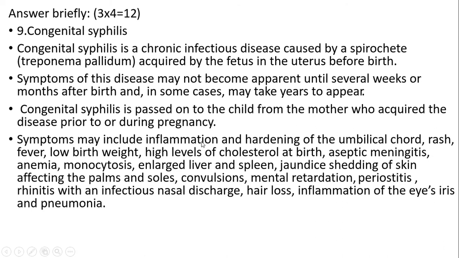Symptoms may include inflammation and hardening of the umbilical cord, rash, fever, low birth weight, high levels of cholesterol at birth, aseptic meningitis, anemia, monocytosis, enlarged liver and spleen, jaundice, shedding of the skin affecting palms and soles, convulsions, mental retardation, periostitis, rhinitis with infectious nasal discharge, hair loss, inflammation of eyes and iris, and pneumonia.